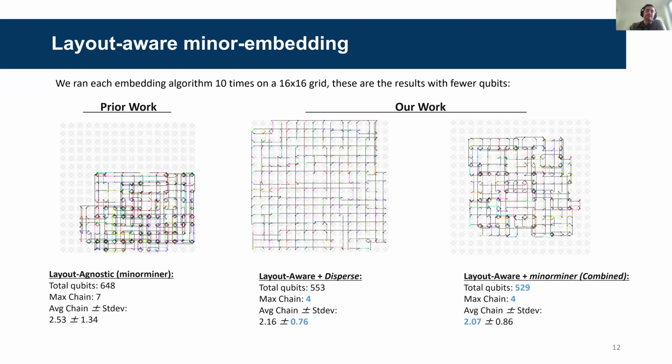And then lastly, what we call the combined approach, which is using minorminer after using the global placement. So it combines the best of both worlds. We have short chains, low variation, and this is a result of being able to move those things around, starting from somewhere smart. So the experiments we ran were mostly comparing combined and agnostic, because it's the better example of adding layout awareness to the initialization.